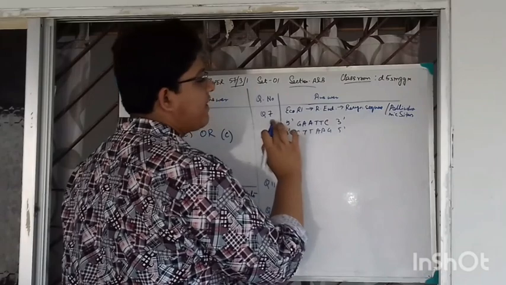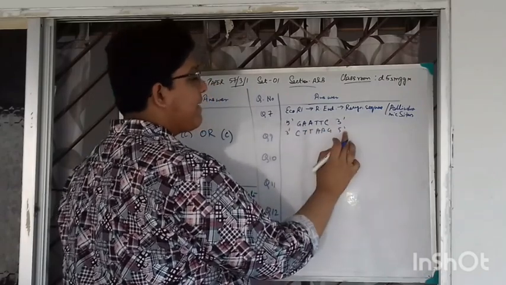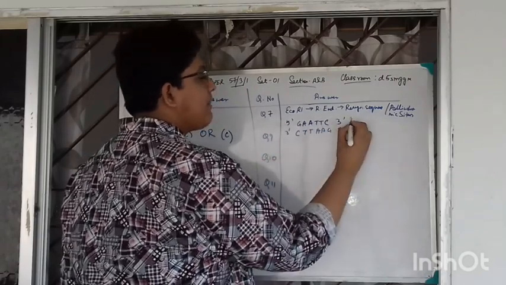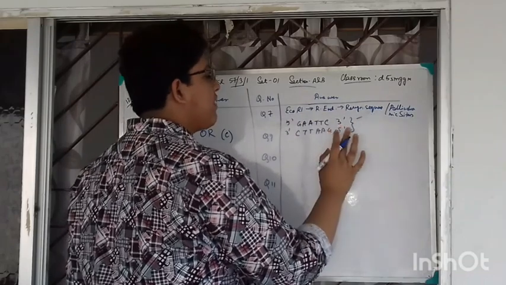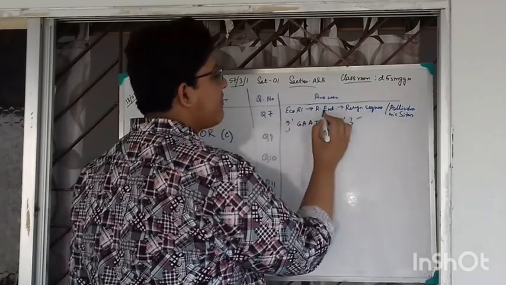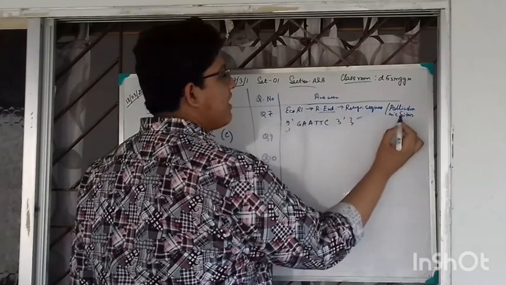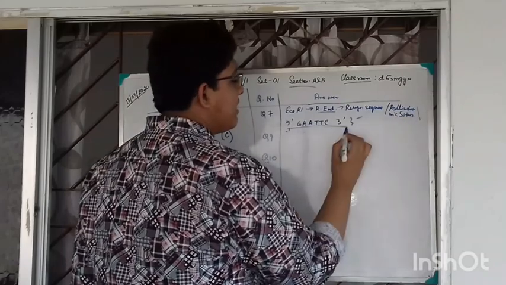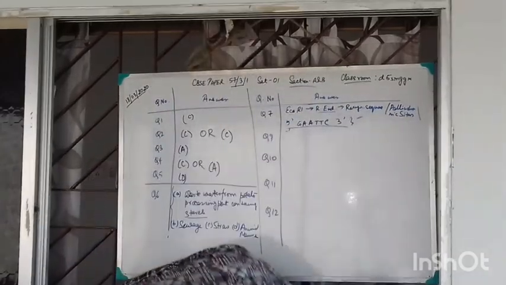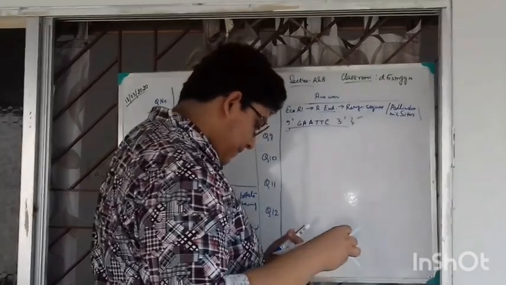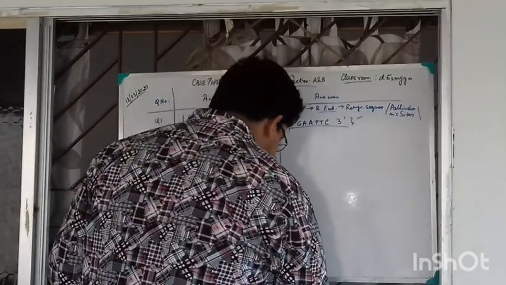So you see, reading from 5 prime it reads the same as from this side. So this is a palindromic sequence. Write only the 5 prime to 3 prime. The marks are split: half for the restriction endonuclease, half for the palindromic site, and one for writing the palindromic site. Which palindromic site? Okay. Next question.